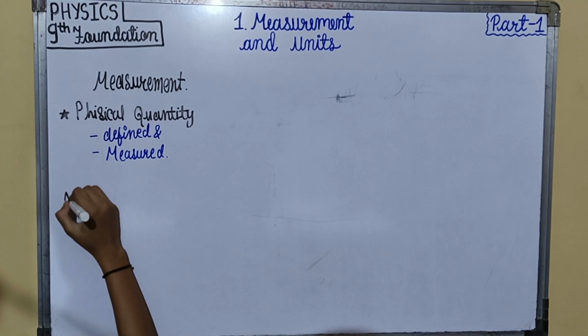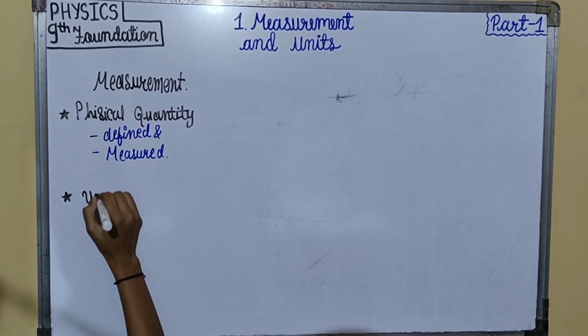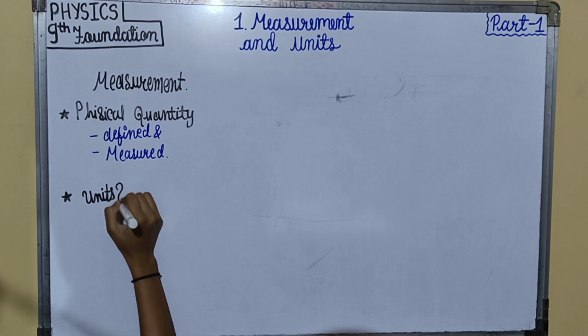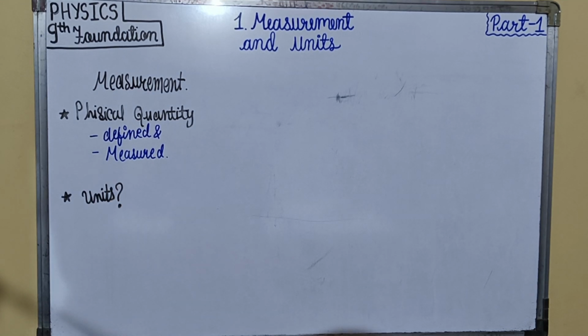Then next is what is units. What is units? So unit is a standard reference in terms of which the measure of a physical quantity is expressed.